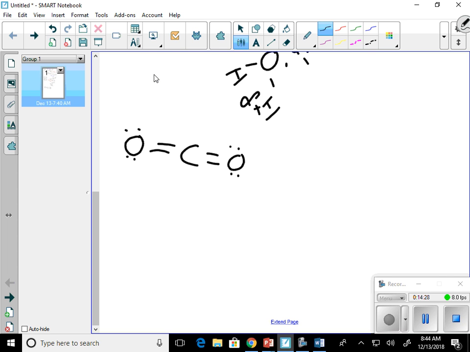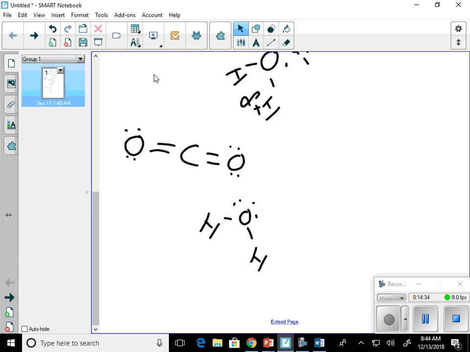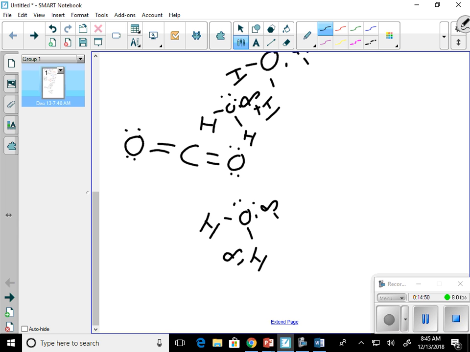The reason that can happen is when water is around the carbon dioxide, it can affect it. Think about the term dipole-induced dipole. Water has a dipole. It has a partial positive and a partial negative end.